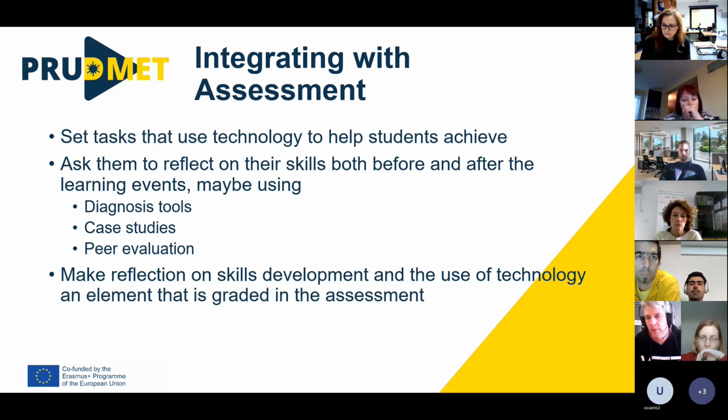So what we're saying here is you need to find ways of including technology and using technology which is very much integrated with the assessment, and make it part of the process and the experience that students are going through. Okay. And that last point is quite important.